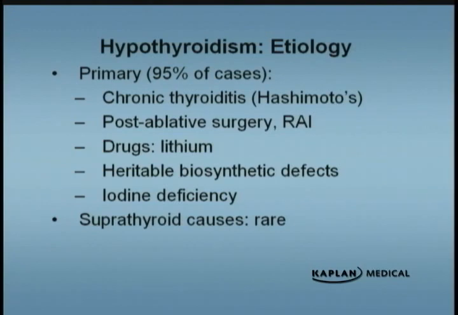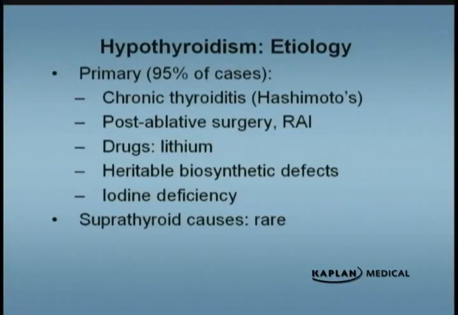So the first two scenarios, chronic thyroiditis and post-ablative, not so much surgery but radioactive iodine, account for over 90% of the primary cases that we see in this country, which are over 95% of all the cases.